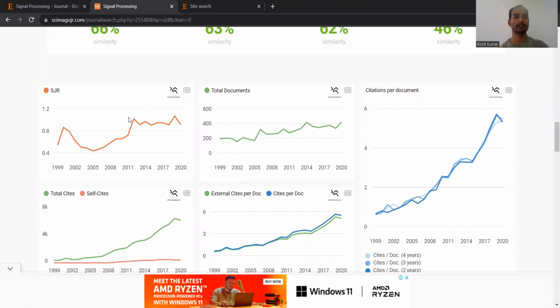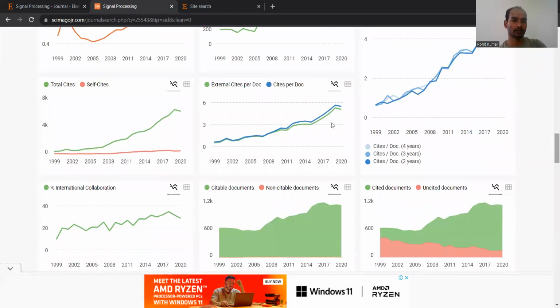Additionally, the SJR metrics are shown here. The total number of documents is also listed, and you can see citations per document. It is a bit down in 2020. It might be due to COVID, because for every journal it's like that: in comparison to 2019, in 2020 the graphs have come down. Additionally, we should focus on the total number of citations and the self citations.